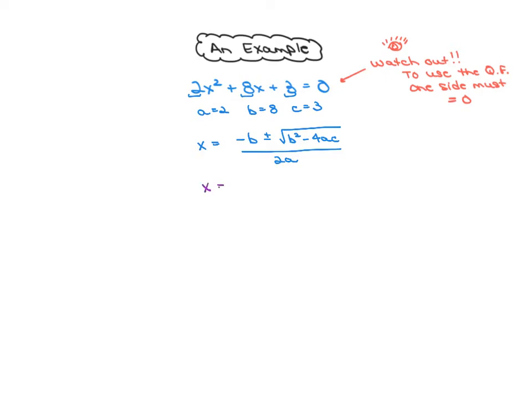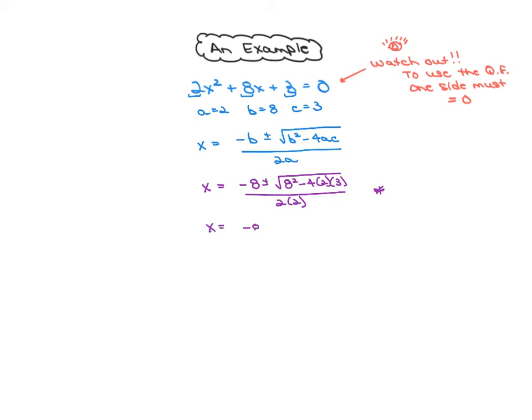All right, so let's substitute. b is 8, so negative 8 plus or minus the square root of 8 squared minus 4 times 2 times 3, all over 2 times 2. All right, so we've substituted our values. Let's just go ahead and do the arithmetic.